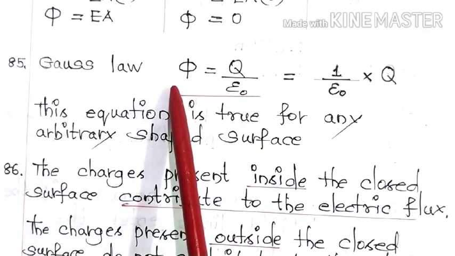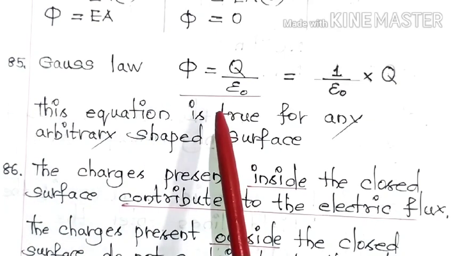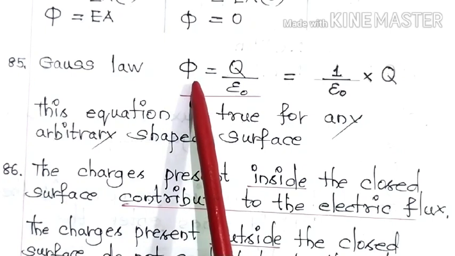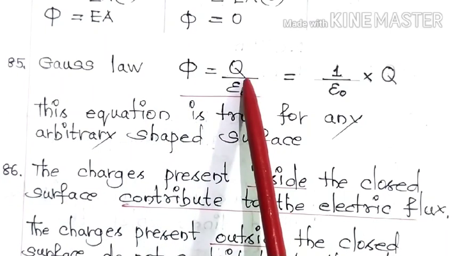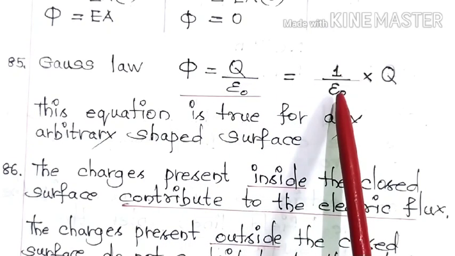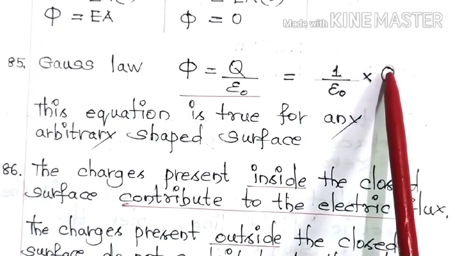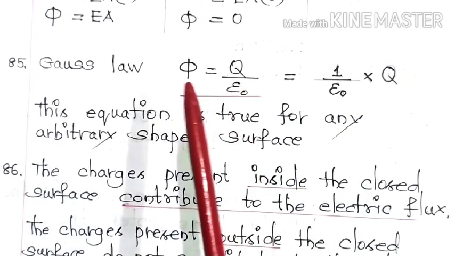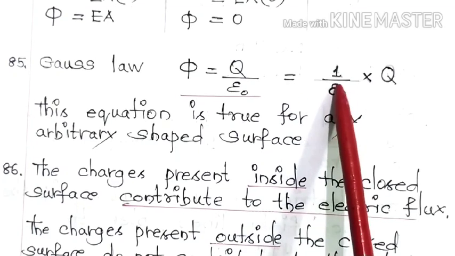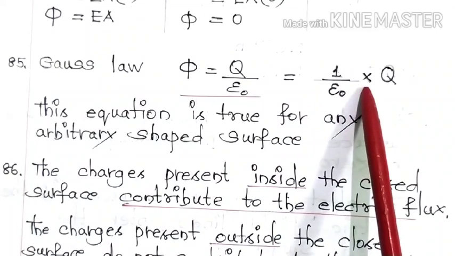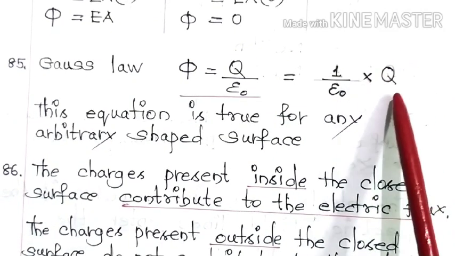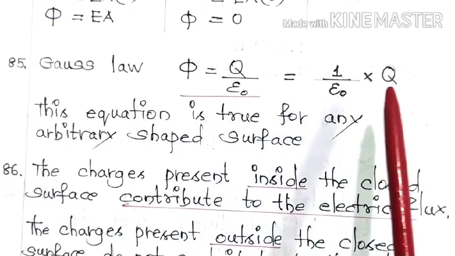The Gauss law states that the electric flux over a closed surface is equal to Q by epsilon naught, which is nothing but 1 by epsilon naught into Q. So it states that the electric flux is equal to 1 by epsilon naught times the charge which is enclosed by the closed surface. This is called Gauss law.